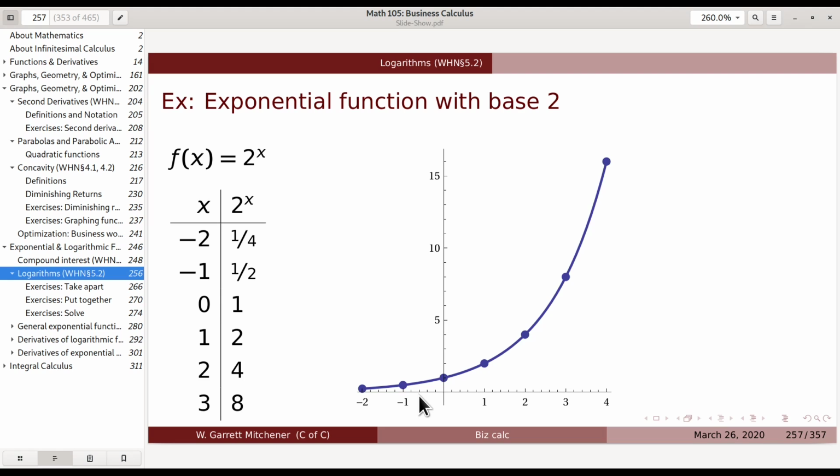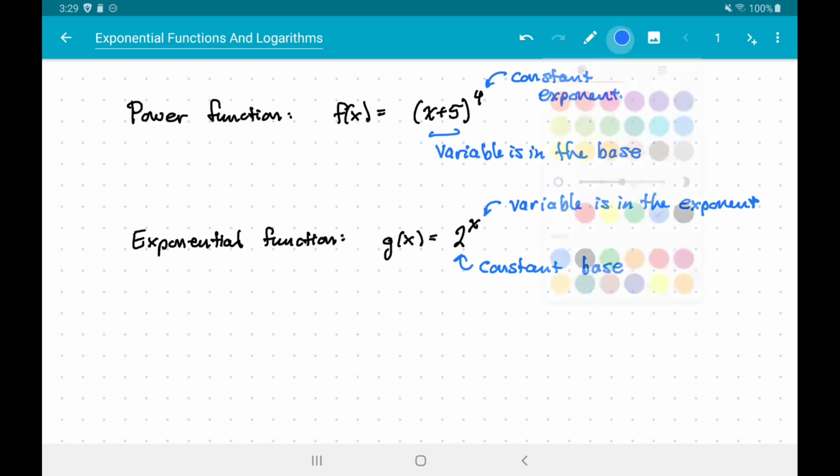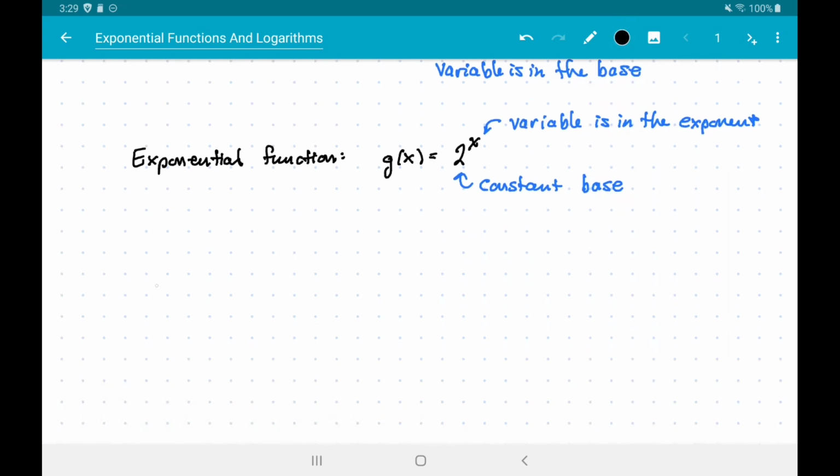A couple of other things I should mention about this. Since 2 to the x is an exponential function with base 2, it has the property that every time you add 1 to x, so suppose that I look at x plus 1 up there, I can use properties of exponents to rewrite this as 2 to the x times 2 to the 1.